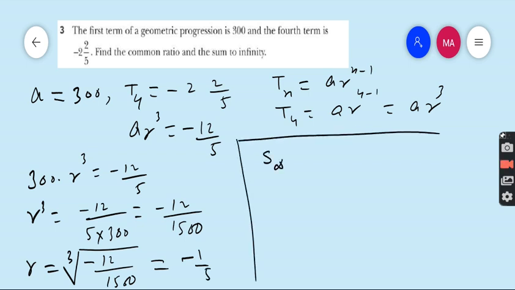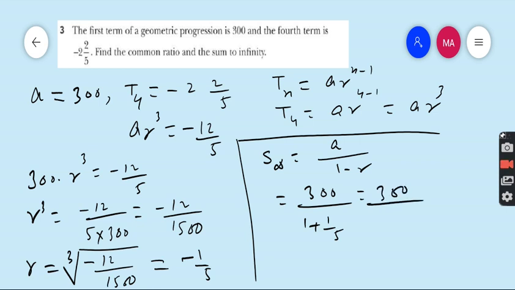Hence S infinity = a upon 1 minus r. a is 300. 1 minus r, minus minus becomes plus, so 1 plus 1 upon 5. 5 ones are 5, 5 plus 1 is 6, so 6 upon 5. And this 5 must be multiplied by 300.